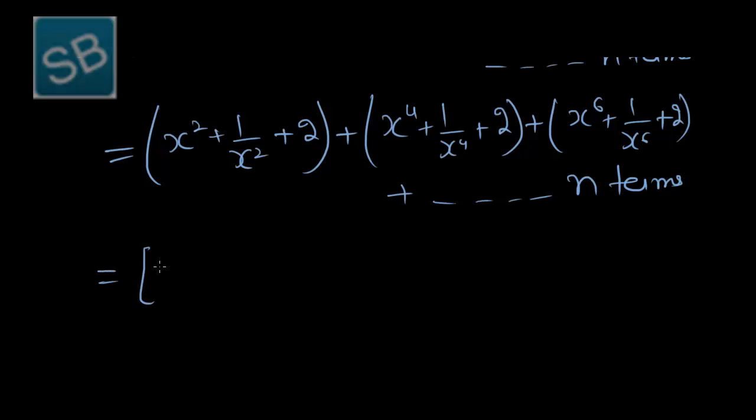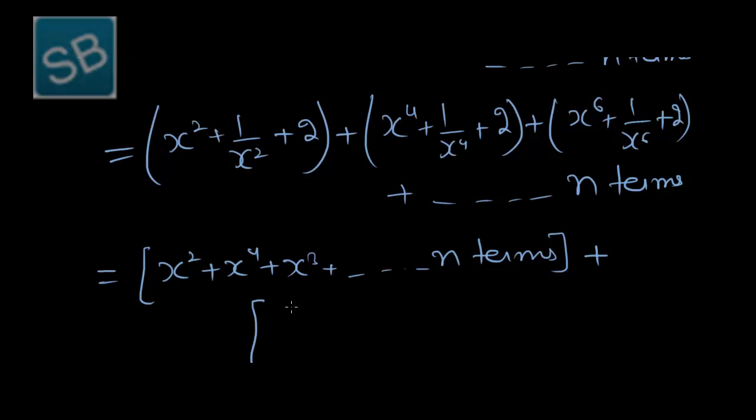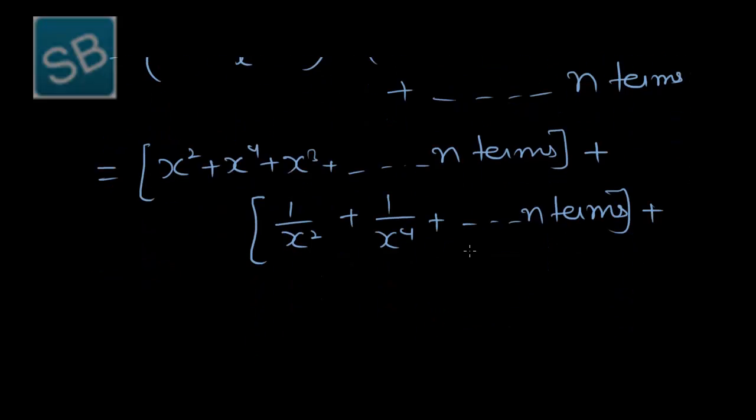So we get in the first series x square, x4, x cube by taking the first term of each bracket, plus in the second series 1 by x square, 1 by x raised to power 4 up to n terms, plus 2 plus 2 plus 2 up to n terms.